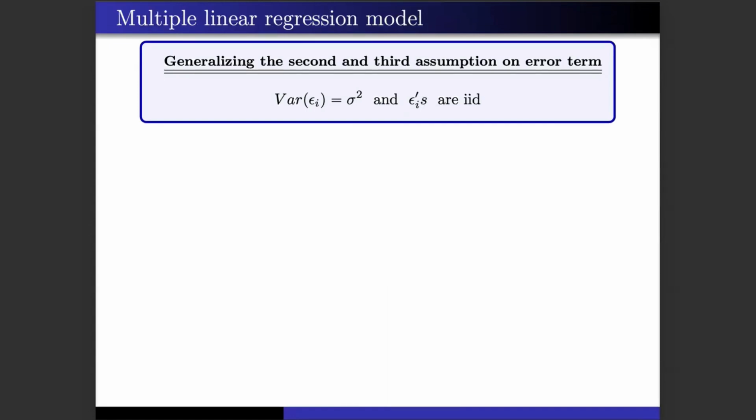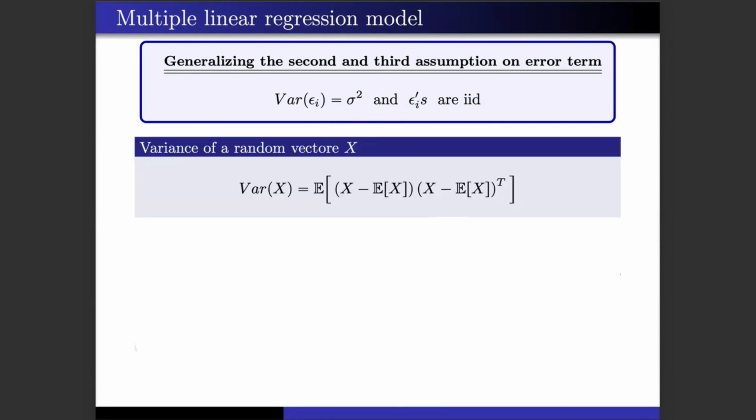Let's generalize the second and the third assumption on the error term. The second and third assumptions are that the variance of each epsilon i is constant, denoted by sigma square, and all epsilon i are independent and identically distributed. Before we generalize it, let's see the formula for the variance of a random vector x.